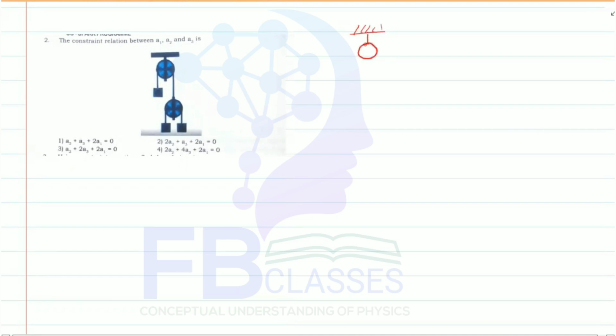So this is the first pulley. Now here is one block. So this is one block. On the other side, the second one is a movable pulley. For the movable pulley again 2 blocks are hanging, block 2 and block 3.